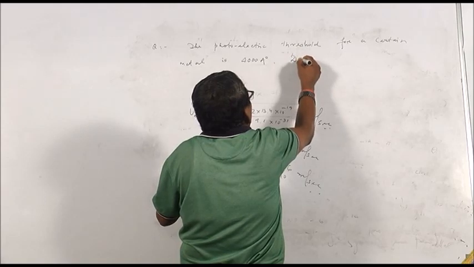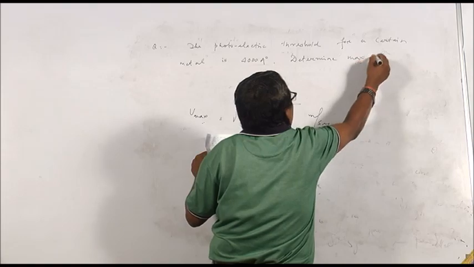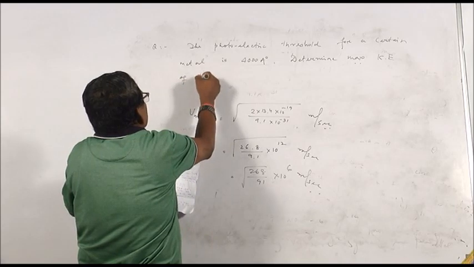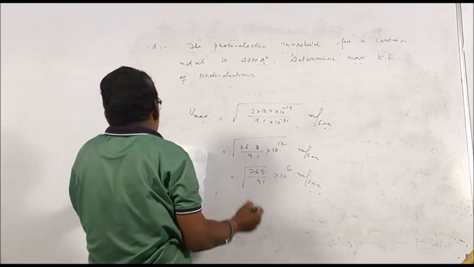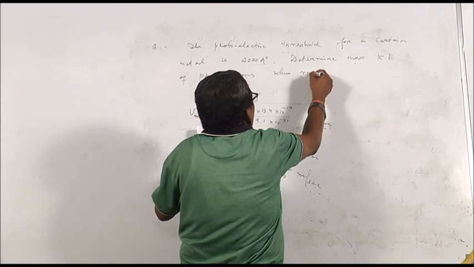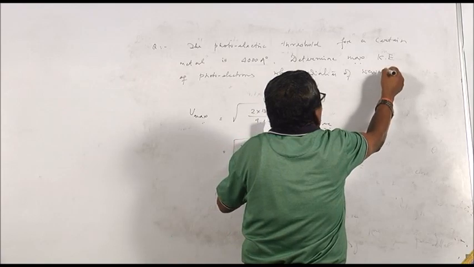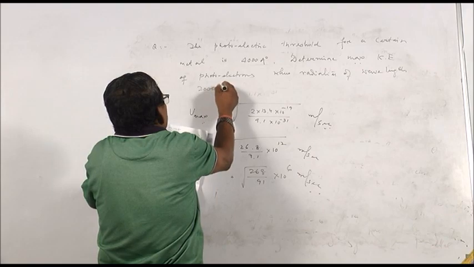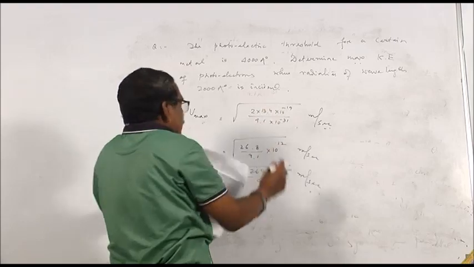Determine the maximum kinetic energy of photoelectrons when radiation of wavelength 2000 angstrom is incident.